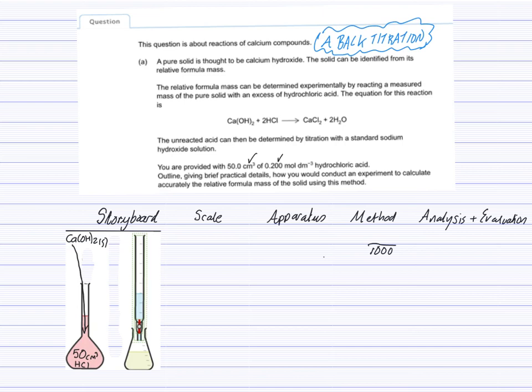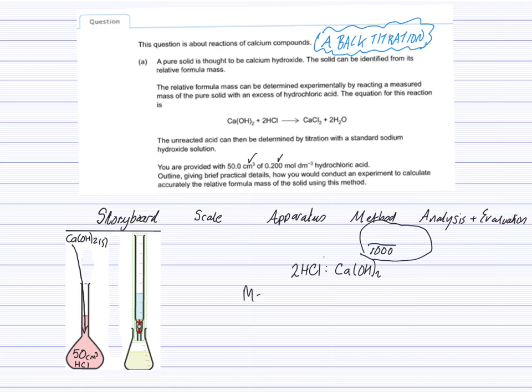Now if we look at the equation, we can see that there are 2 moles of HCl to every 1 mole of calcium hydroxide. And remember that the moles of calcium hydroxide has to be less than the moles of HCl. So if we wanted the exact moles of calcium hydroxide that would react with that hydrochloric acid, we need to divide this number of moles by 2.